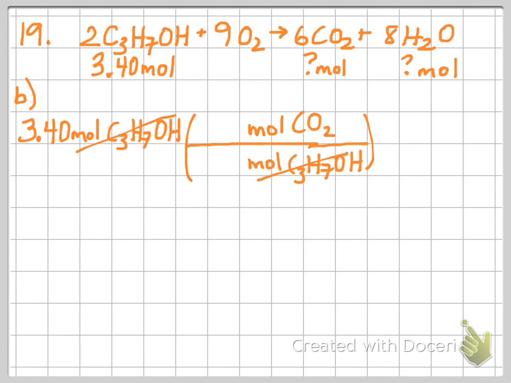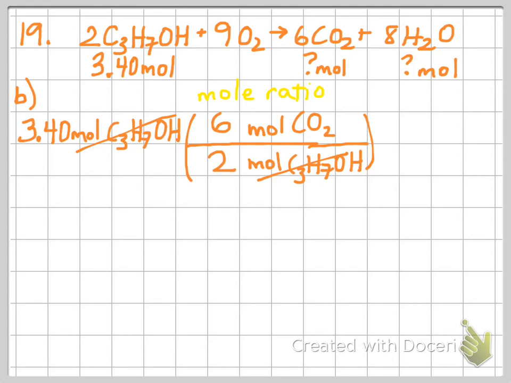Moles are crossing out. This conversion factor is my mole ratio, and the numbers come from my coefficients. My coefficient on carbon dioxide is 6. My coefficient on isopropyl alcohol is 2.